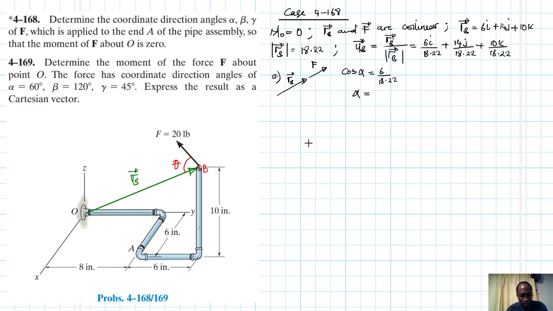That gives us 70.77 degrees. And then we have beta, the angle between the positive y-axis and the force vector. So cos inverse of 14 divided by 18.22 is 39.79 degrees.